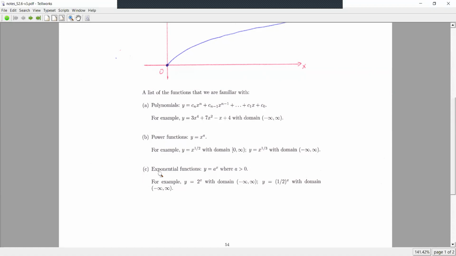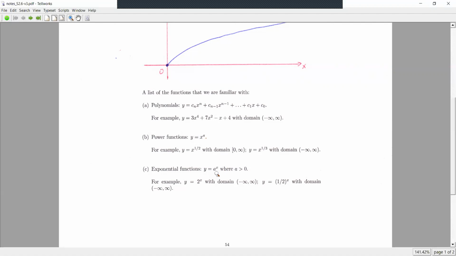C, exponential functions. We are familiar with exponential functions. A to x. The base is a constant, different from power function. In a power function the base is a variable.